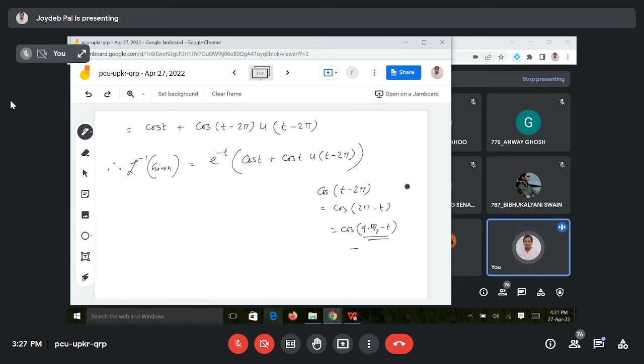Look, here I can make a mistake because I have forgotten many of the things from +2 level, trigonometry and so on. But I think it is correct, whatever I have shown.